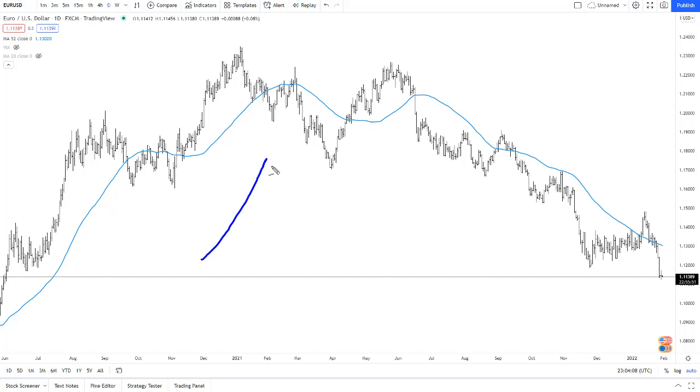So the probability is to look for longs in that particular market. Same for the downside. If the moving average is strongly going down, then we want to look for shorting opportunities.